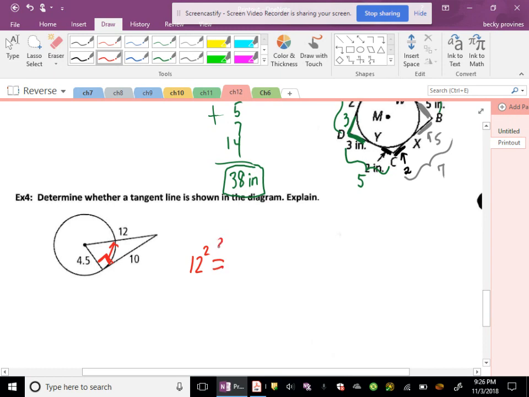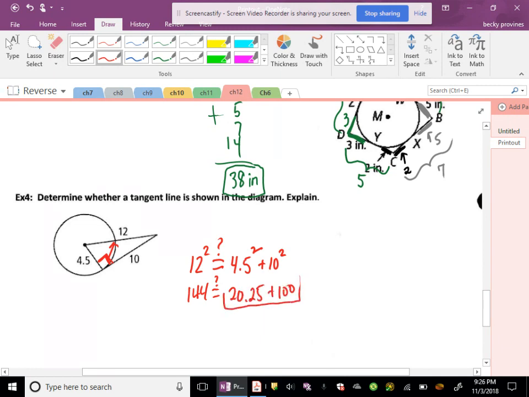Now, I need to see if it's equal. It should be equal to 4.5 plus 10 and squared. So when I work this out, they should be equal. Now, we all know 12 squared is 144. And then 4.5 squared, I need to check. 4.5 squared is 20.25.